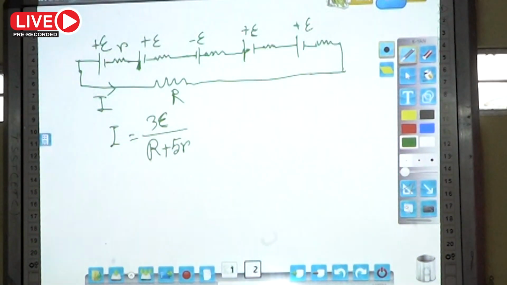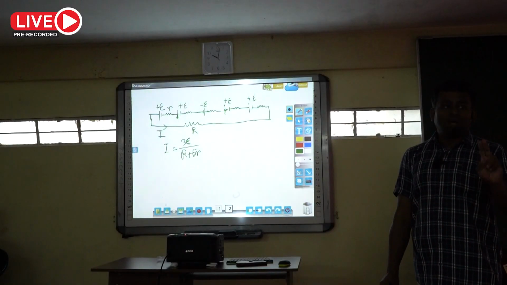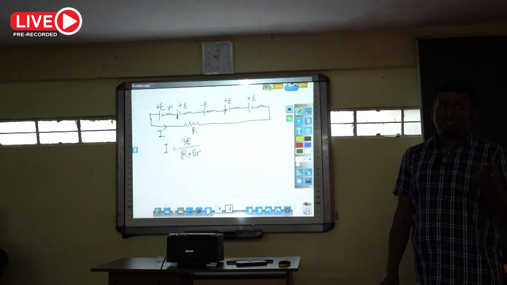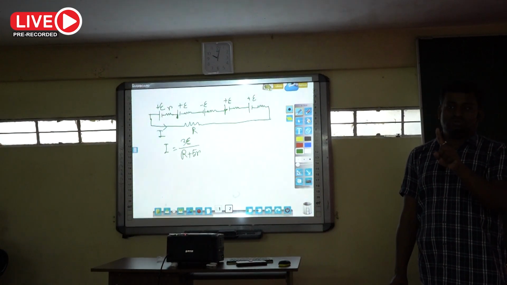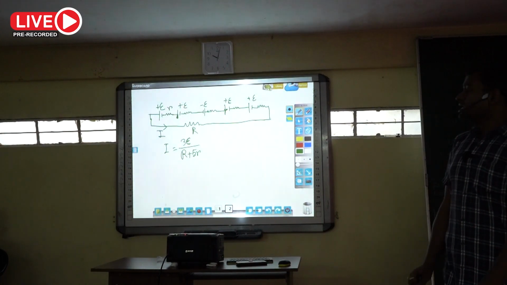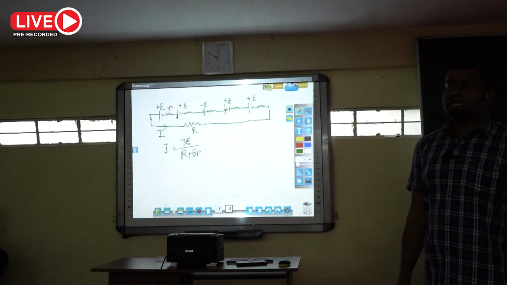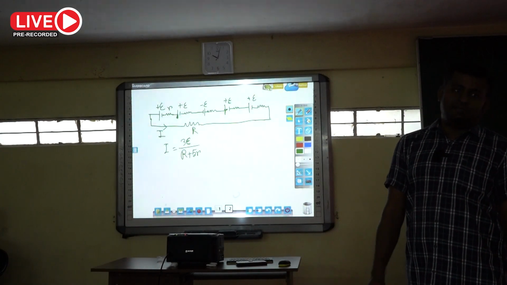So internal resistance will simply add, that is 5r, small r. External resistance is capital R. So total equivalent resistance of the circuit is capital R plus 5 small r. But the effective EMF drops. If one cell is in opposite order, the effective EMF drops by 2E. So that's why it will not be 4E, it is 3E.